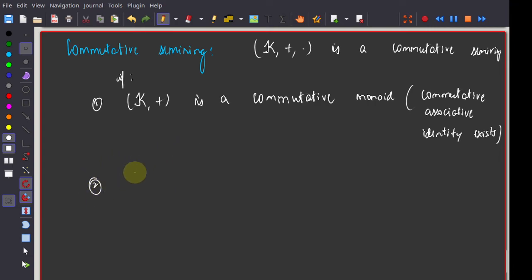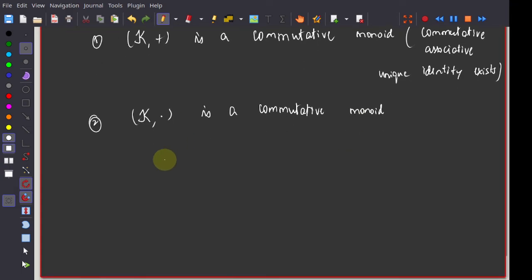Similarly, under multiplication, it is a commutative monoid. Multiplication is commutative, multiplication is associative, and there's a unique multiplicative identity. In addition, we of course want the distributive law to hold.